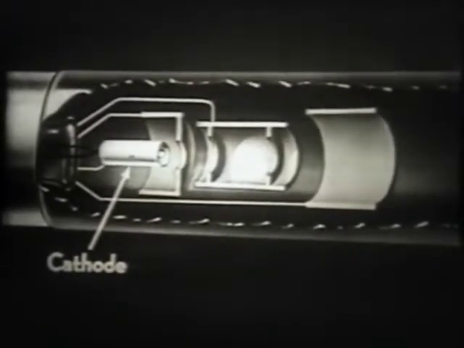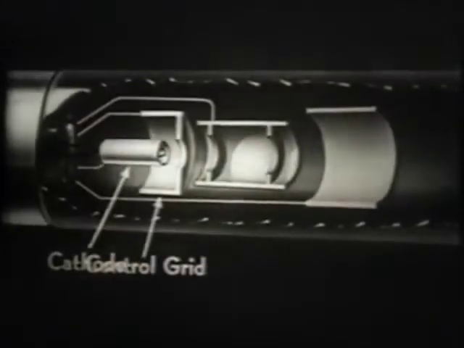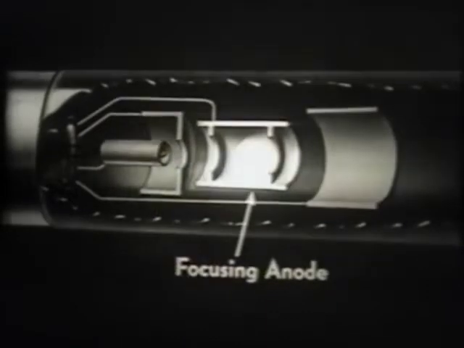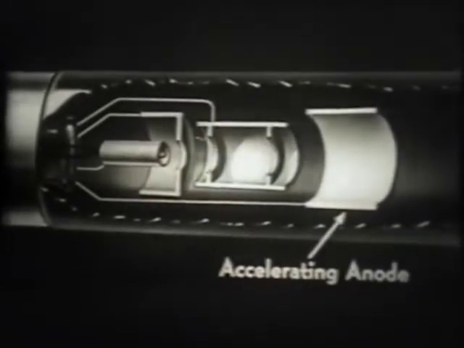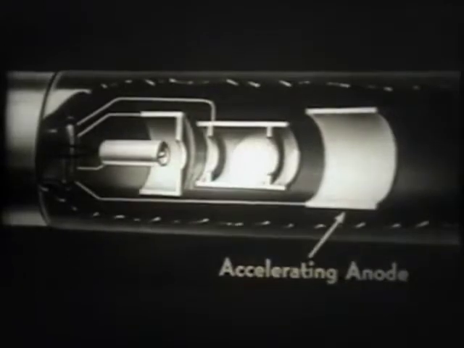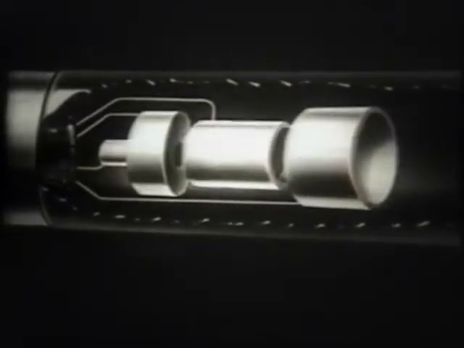Around the cathode is a shield called the control grid. Next are two anodes. The first is the focusing anode, and the second is the accelerating anode. These parts of the tube make up what is called an electron gun because it shoots a beam of electrons at a screen.